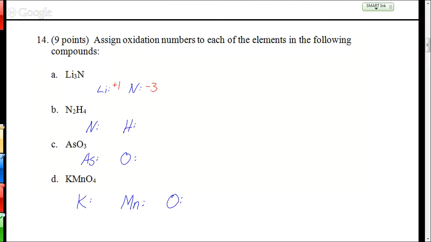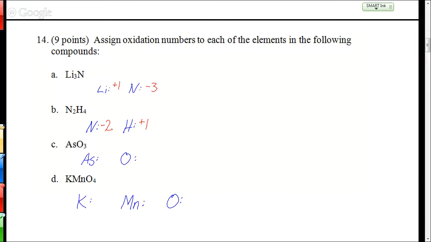I won't give you one this tricky on the exam because you really need the list for this. According to the list, the H being +1 comes first, right? So we're going to call this one H +1, which means nitrogen has to be what? -2. That's kind of a weird one.